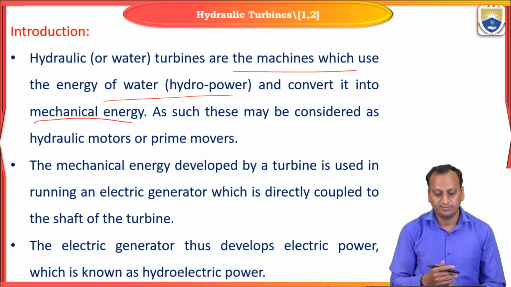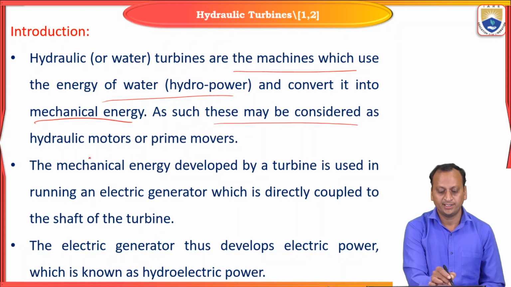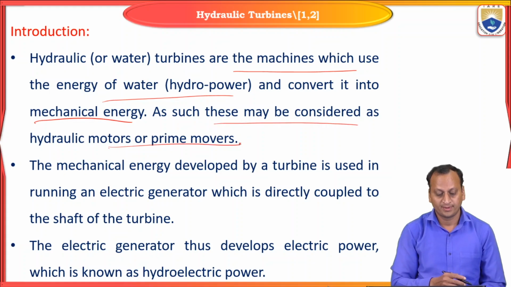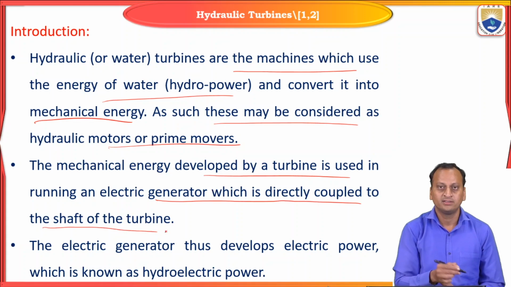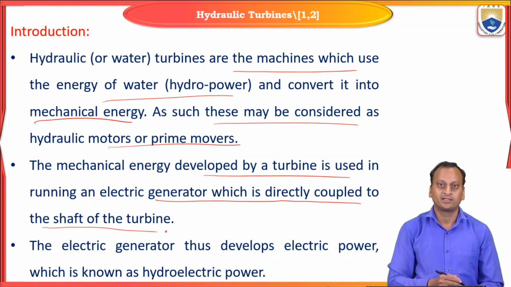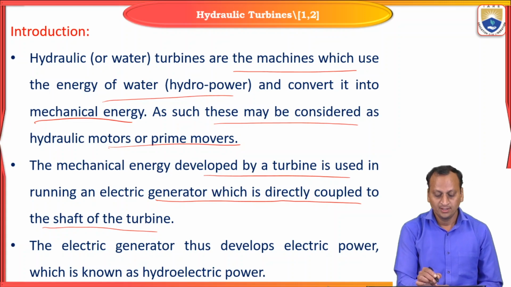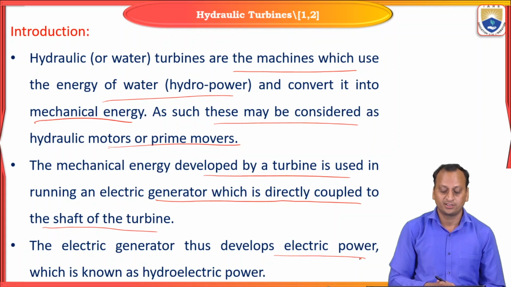So from this mechanical energy, these may be considered as prime movers. The mechanical energy developed by a turbine is used in running an electric generator, which is directly coupled to the shaft of the turbine to generate electric power. The electric generator thus develops electric power, which is known as hydroelectric power.